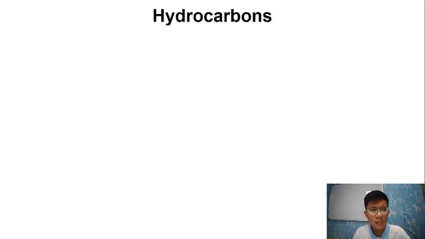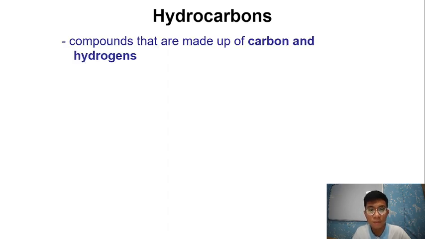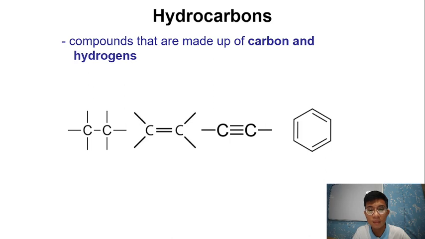What do we mean by hydrocarbon? These are compounds that are made up of carbon and hydrogens. You already encountered these structures in our previous discussions in the introduction to organic compounds.